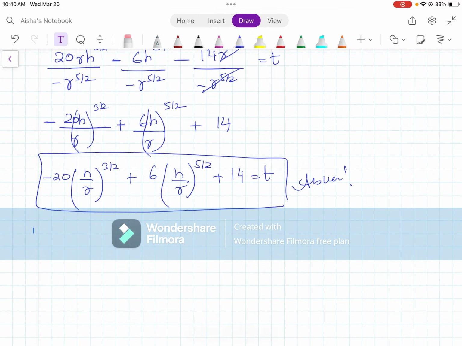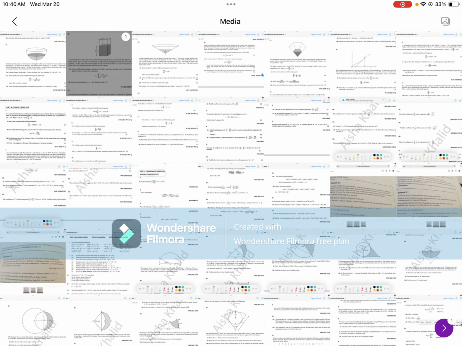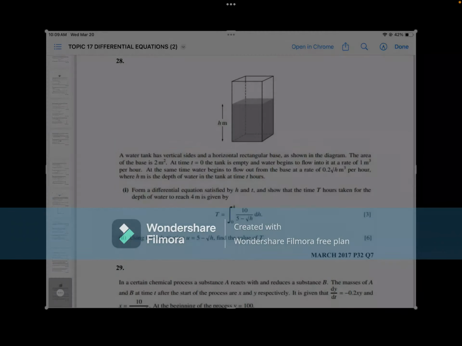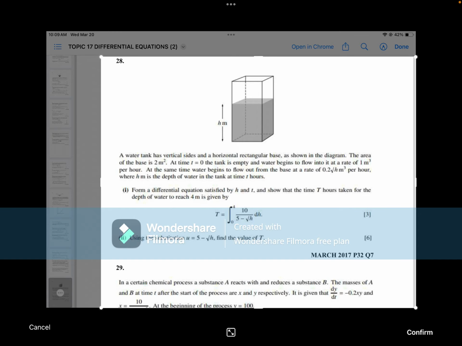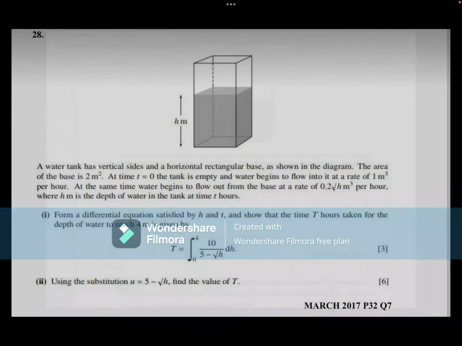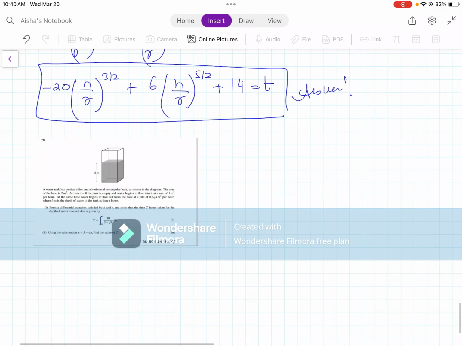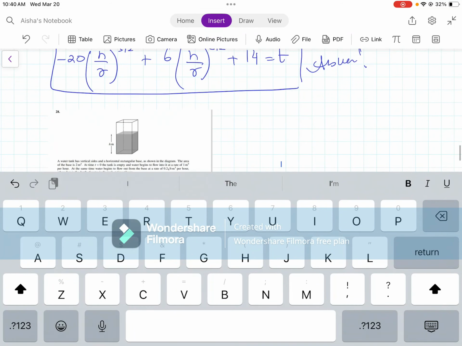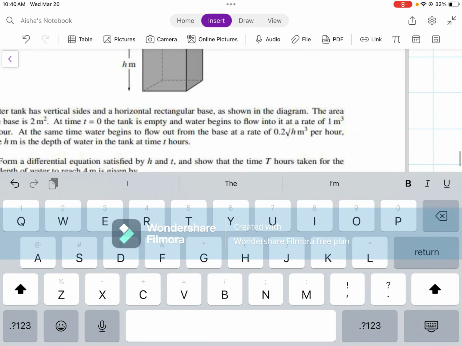It was 8 marks, quite long. Let's do another one. Over here they're saying a water tank.